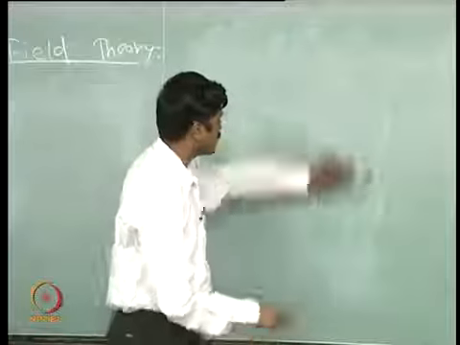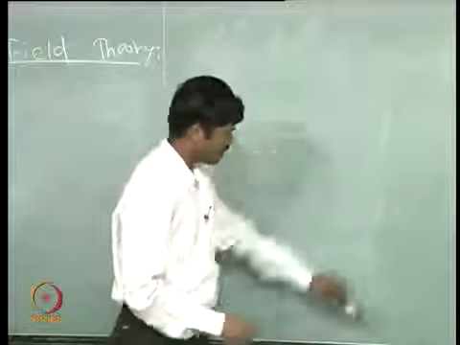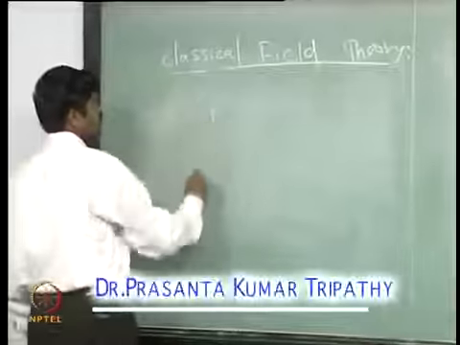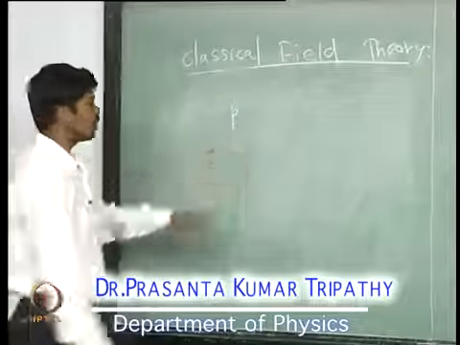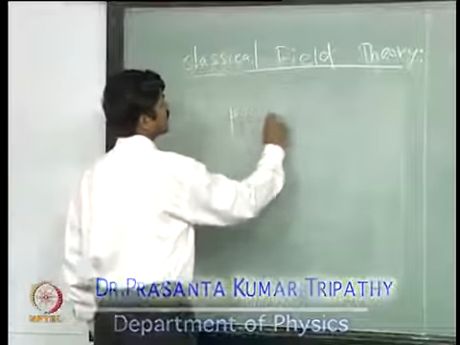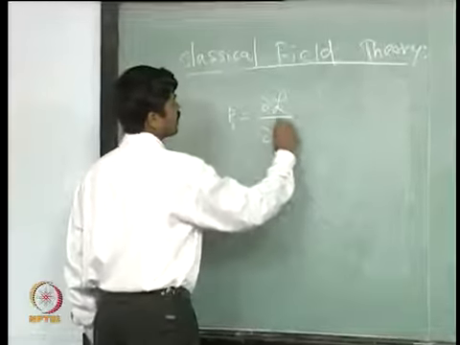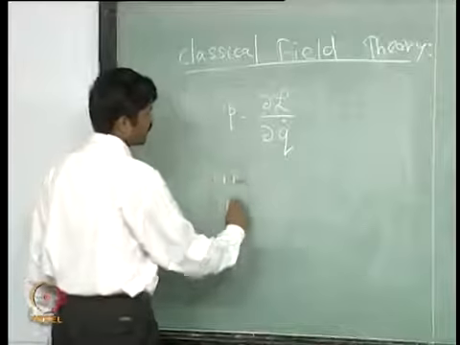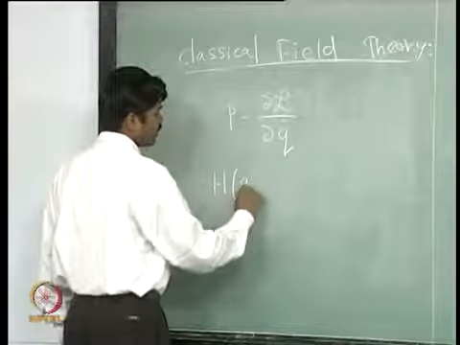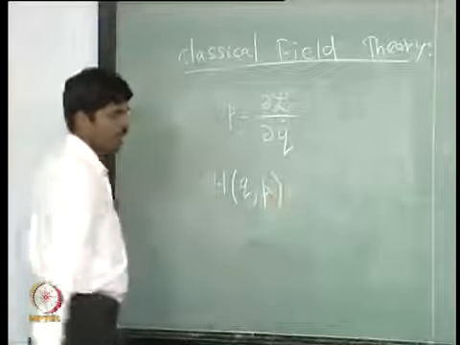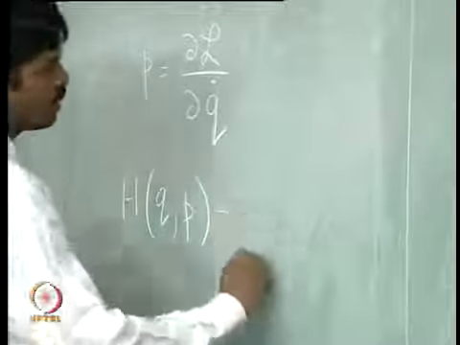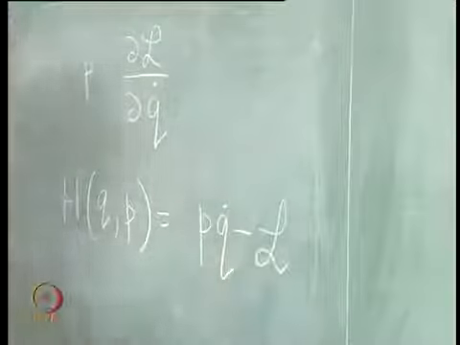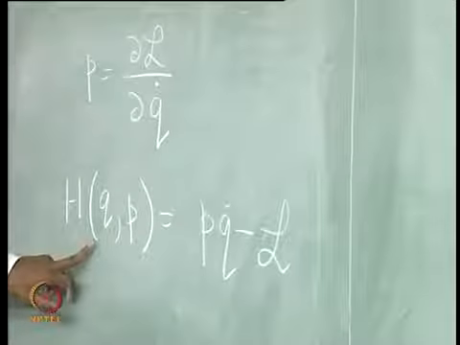In mechanics, you introduce the conjugate momentum P, which is del L over del q dot, and then you define the Hamiltonian, which is a function of q and p, to be p q dot minus L. Here you do exactly the same thing.